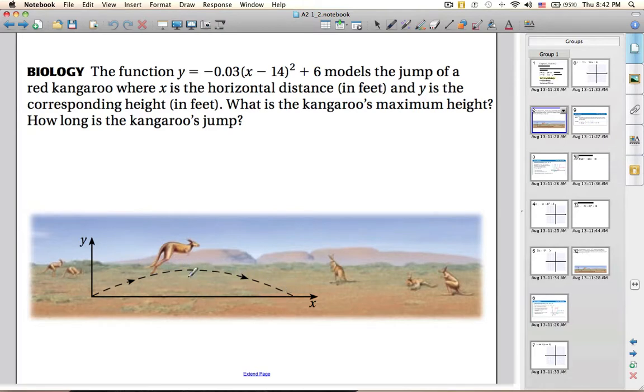We'll be talking about height and distance as we look at this particular model. So x is the horizontal distance in feet and y is the corresponding height. What is the kangaroo's maximum height and how long is the kangaroo's jump? So we're going to practice a little with intercept and vertex form, and then we will answer this question.